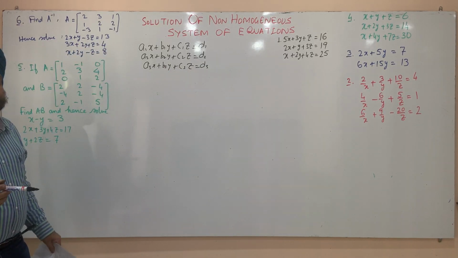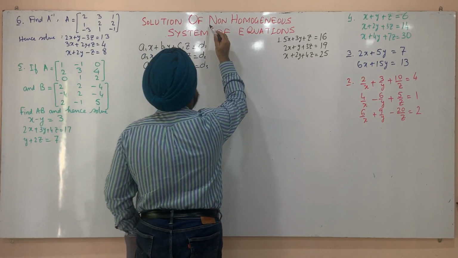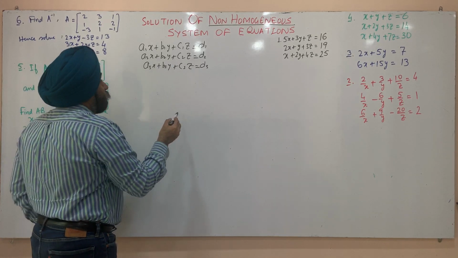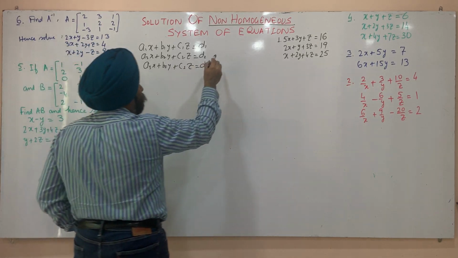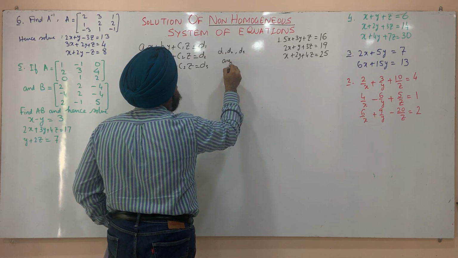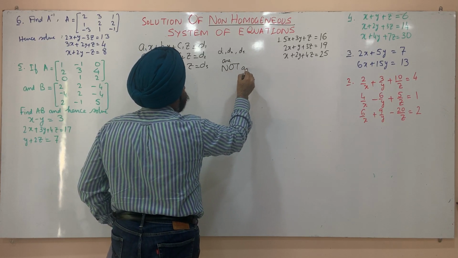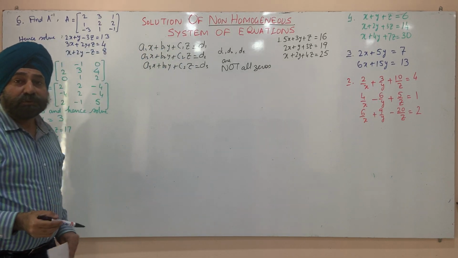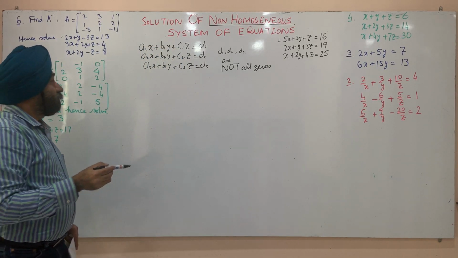Let us first understand what we mean by non-homogeneous system. If d1, d2, d3 are not all zeros, then we have a non-homogeneous system of equations.